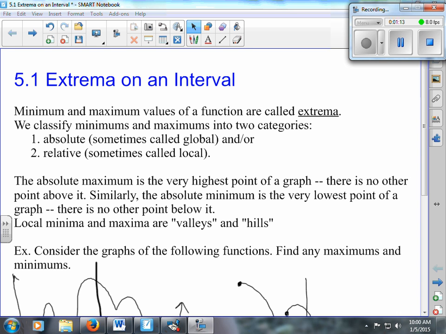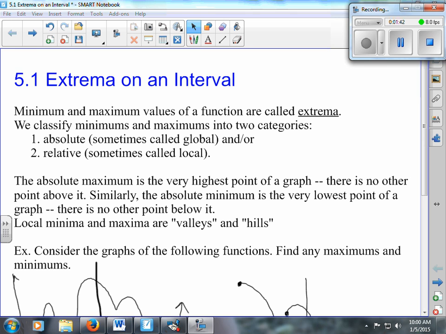But the highest point in the United States, well, I guess that wouldn't be an absolute extrema, would it? The absolute extrema would be the highest point in the whole world, which is Everest. So that would be the global extrema or global maximum, and then the highest points in different places are the relative extrema or the relative maximums. And then we also have lowest points as well, which would be minimums.